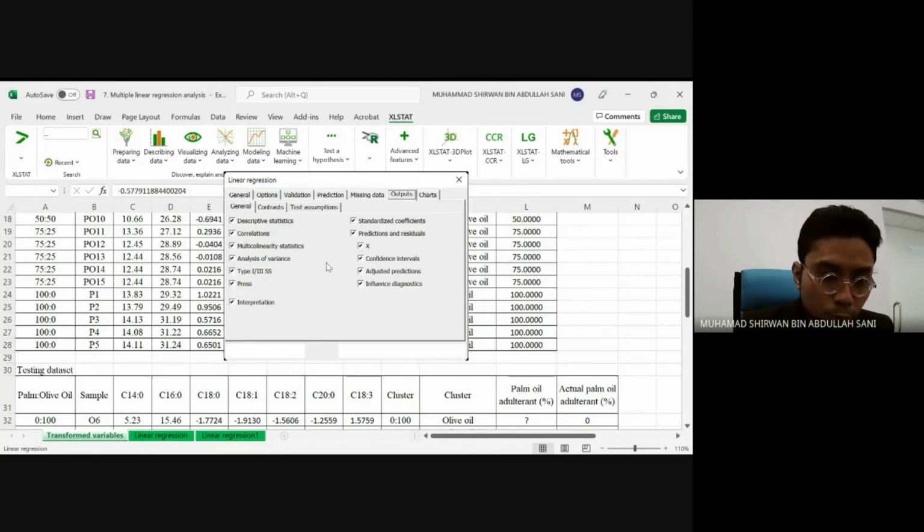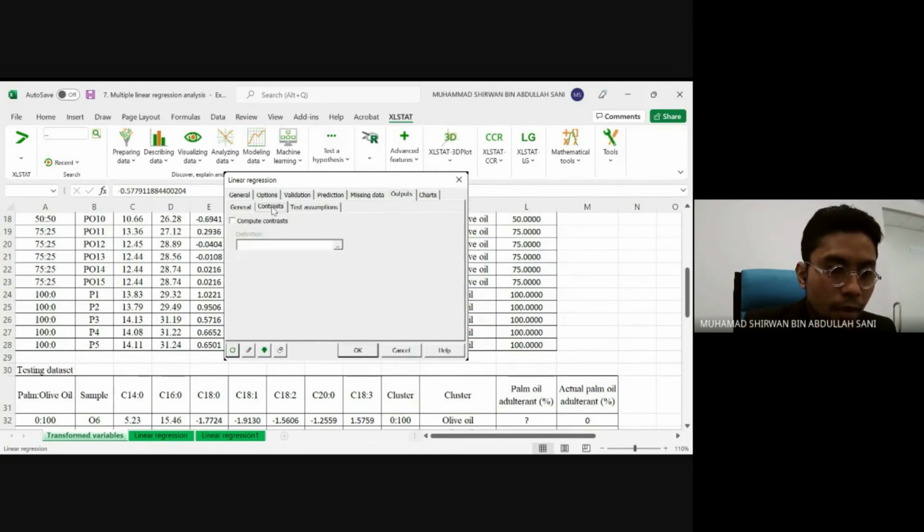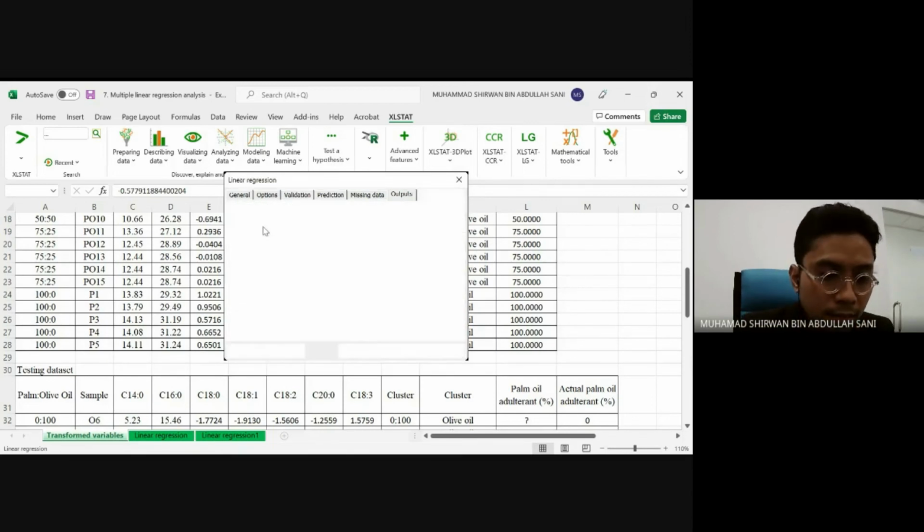And then for output, click all of it, all boxes. And then for contrast, let it be as it is. Test assumption, please tick normality test.